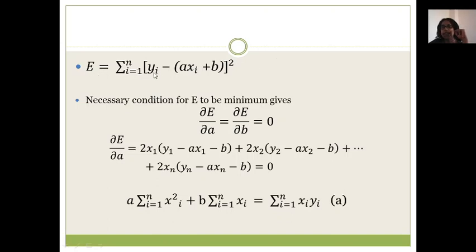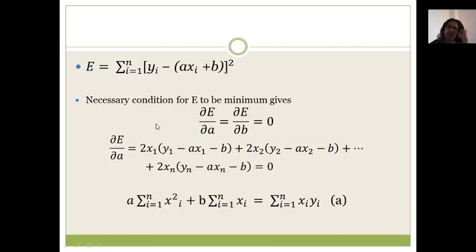Since E is a function of a and b, to find the necessary condition for E to be minimum, we have to do the partial differentiation of E with respect to a and with respect to b, and it should be equal to 0. That is, ∂E/∂a = ∂E/∂b = 0.